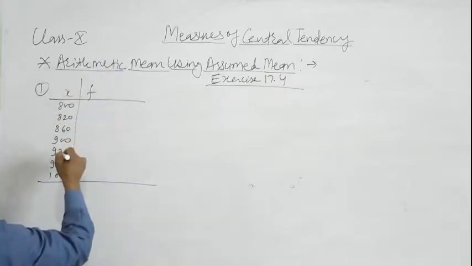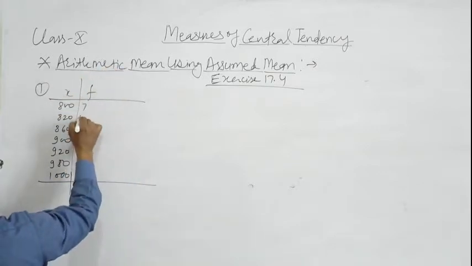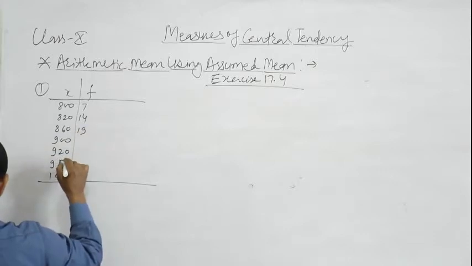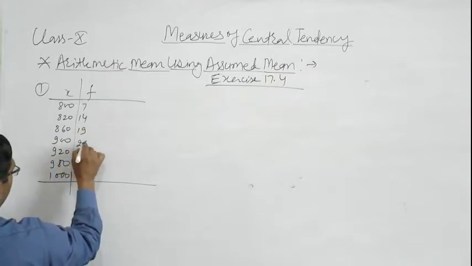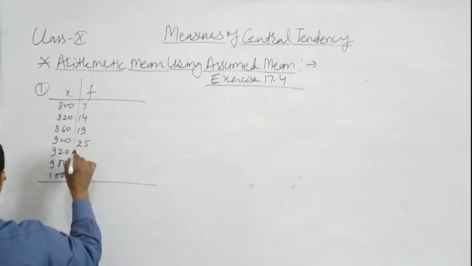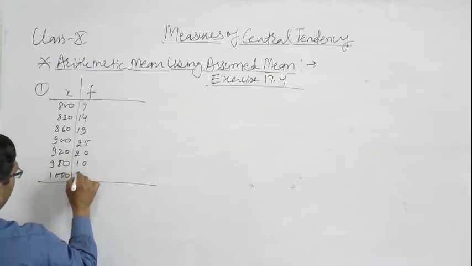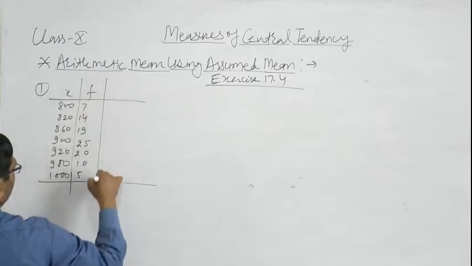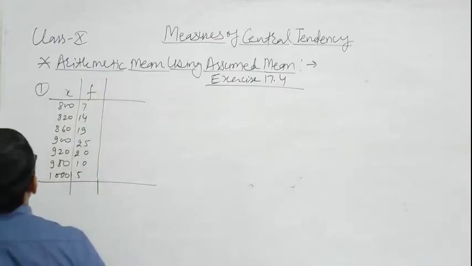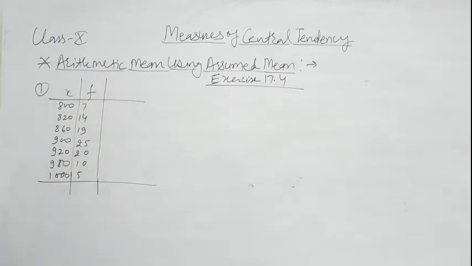And their frequency is 7, 14, 19, 25, 20, 10, 5. Okay, this is question number first.